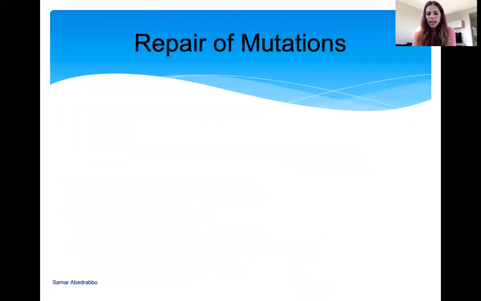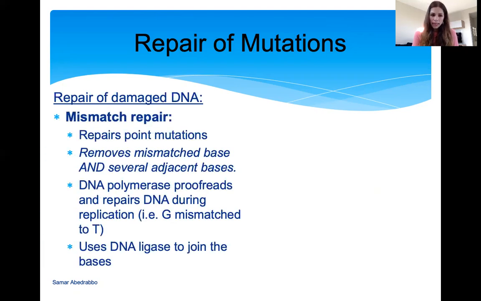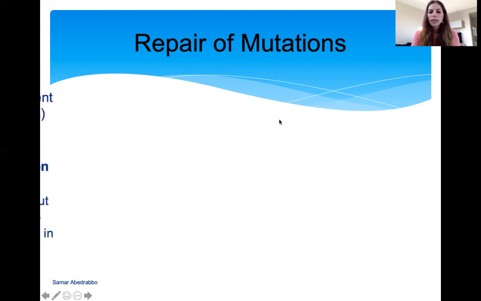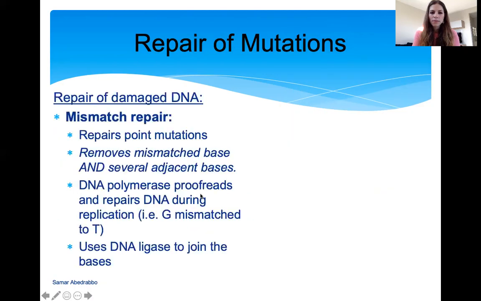Now, mutations are happening all the time, and the question is, how do your cells fix them? So repair of mutations, there's a lot of different ways, but we're only going to focus on two for purposes of this class right now. So how do you repair damaged or mutated DNA? There is mismatch repair, and we're going to talk about another one in a little bit.